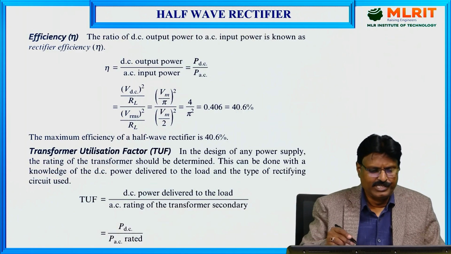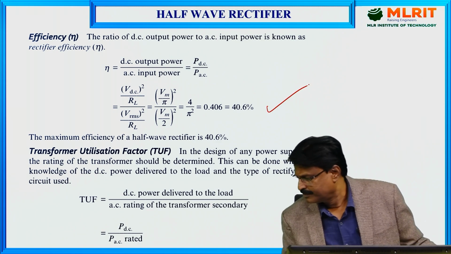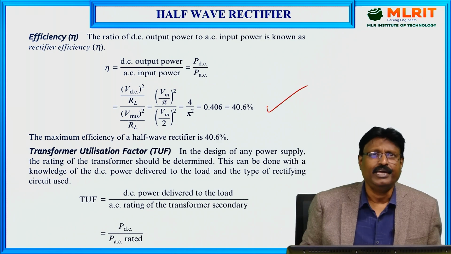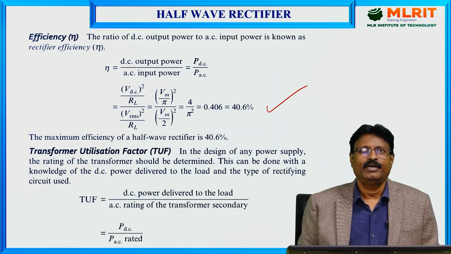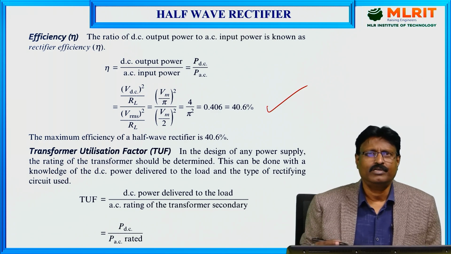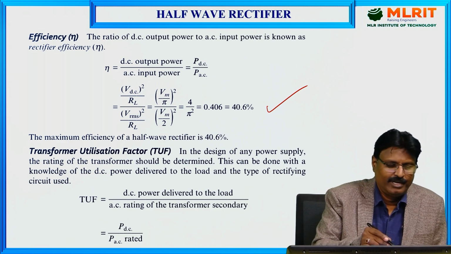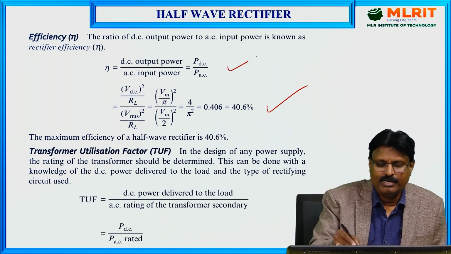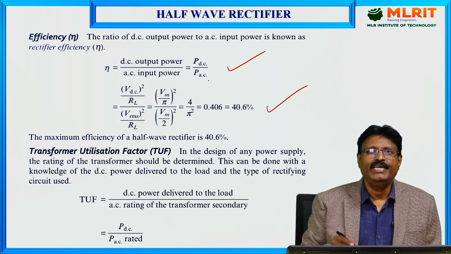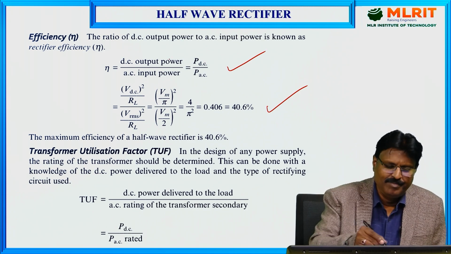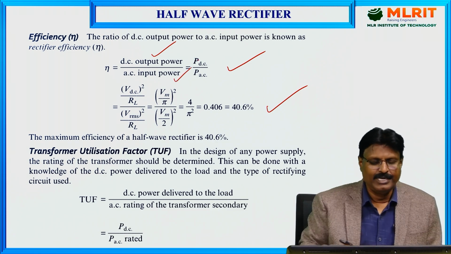And next, the second parameter is the efficiency. It is known as rectifier efficiency. As you know, the efficiency is nothing but the ratio of output to input. So the rectifier efficiency formula is written as PDC by PAC. PDC means the DC output power, and PAC means AC input power.